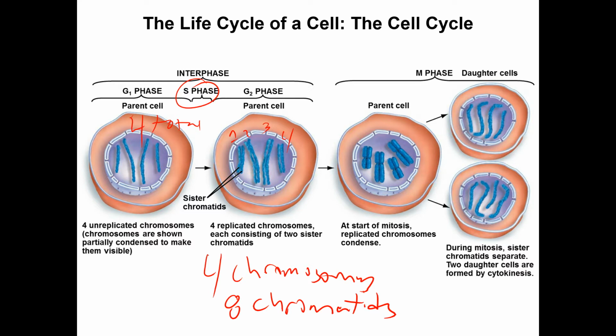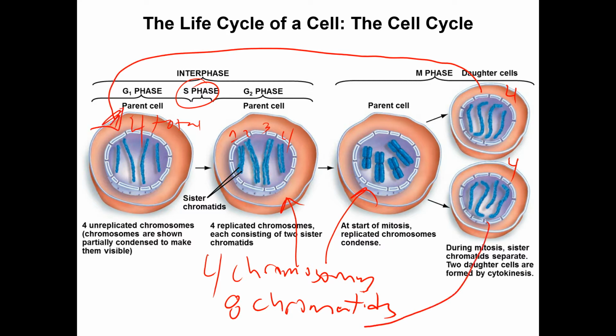Each daughter cell now has 4 individual chromosomes: 4 chromosomes, 8 chromatids, 4 chromosomes, 8 chromatids. That means the total genetic material had to duplicate so that each daughter cell gets the same complement of chromosomes, identical to that of the parent cell.